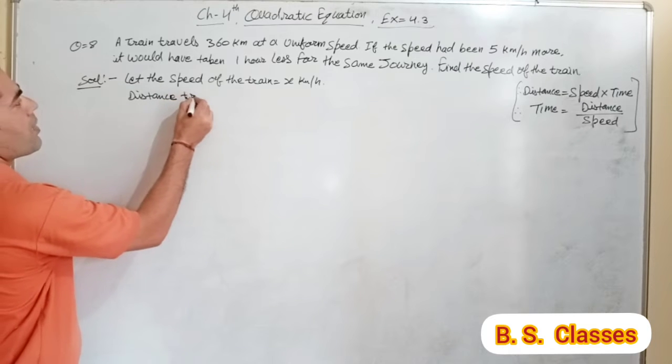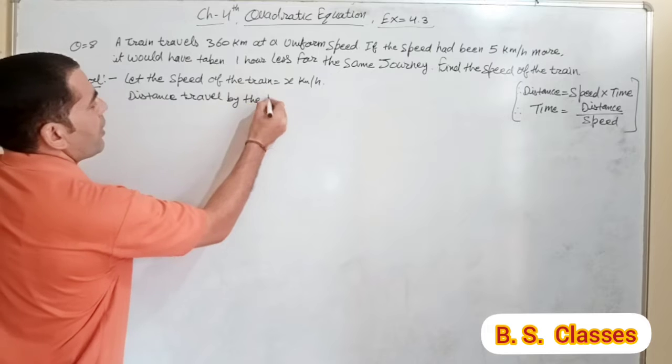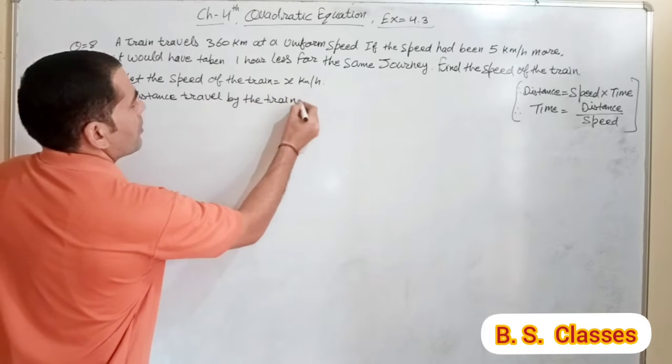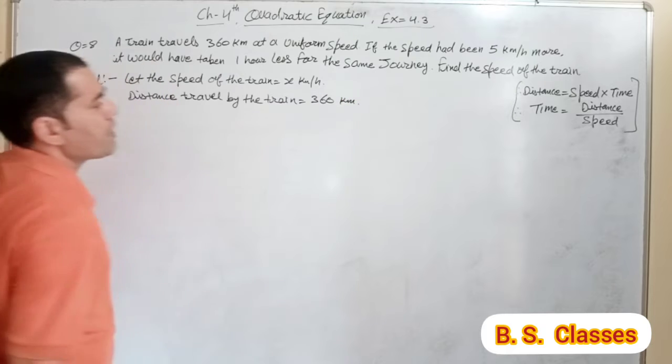The distance traveled by the train is 360 kilometer.